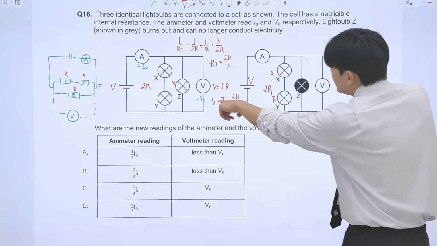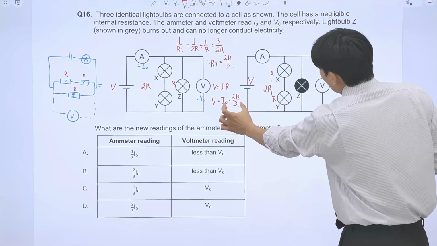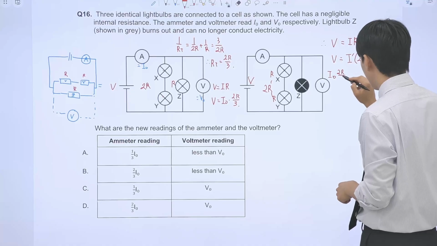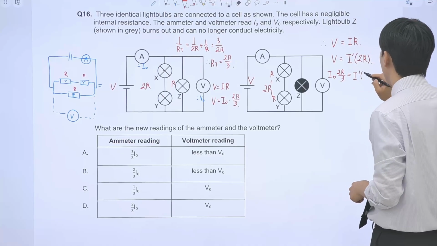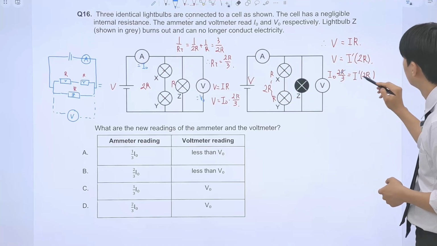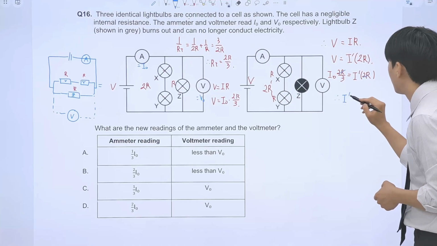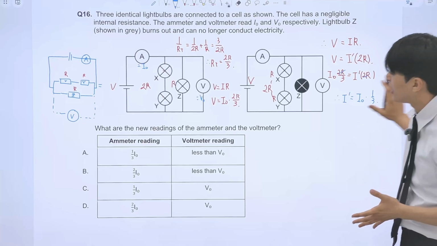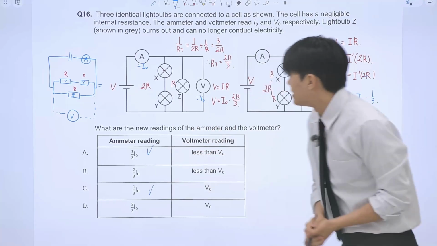And this V must be the same, so I can substitute that in. So that's I0 times 2R over 3 equals I prime times 2R. So that 2R cancels out. Therefore, I prime, the thing that I want, is I0 over 3, right? So that is either A or C, okay?